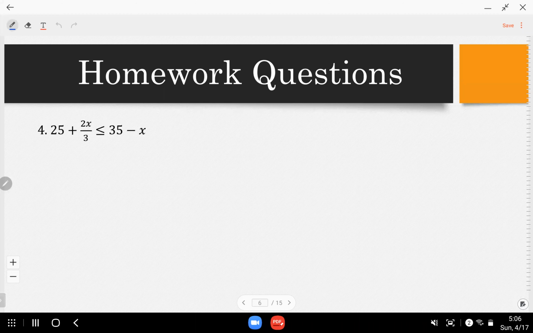For our 4th homework question from the last lesson, you multiply everything by 3. This is pretty easy. Multiply 25 by 3 is 75, plus 2x, because the 3 on the bottom cancels out, is less than or equal to 30. Oh, not 35. It's 3 times 35, which is 105 minus 3x. If you move the 105 to this side, you get negative 30 less than or equal to negative 5x.